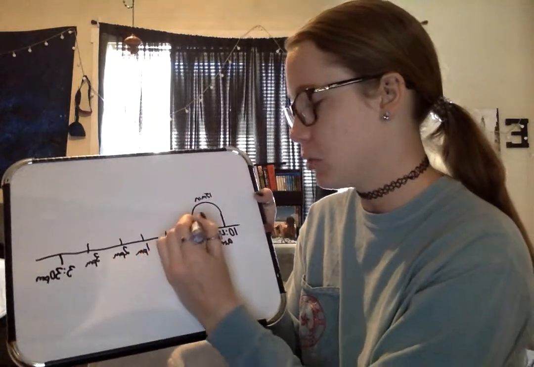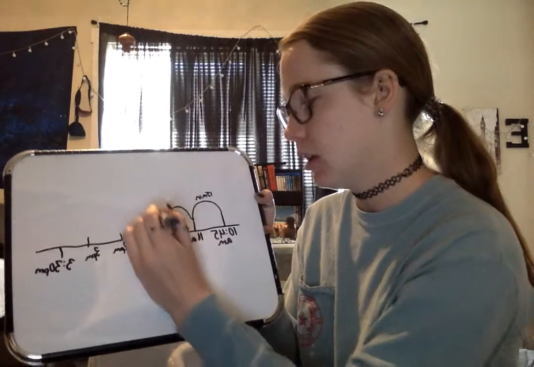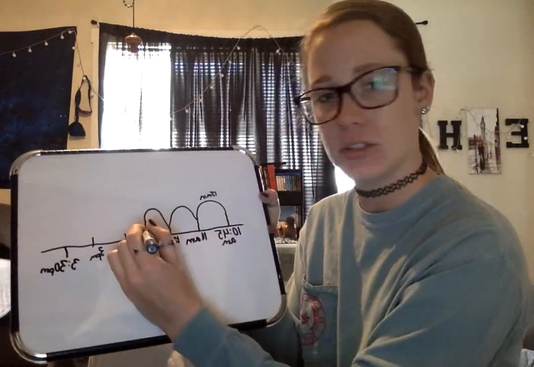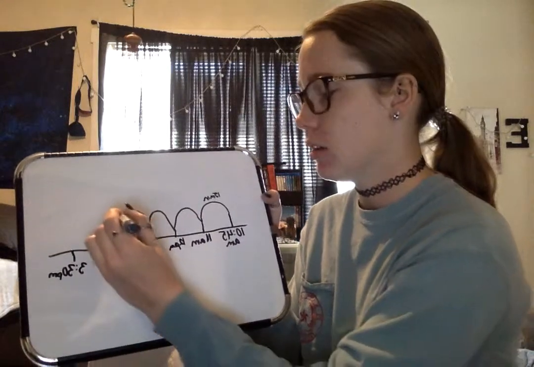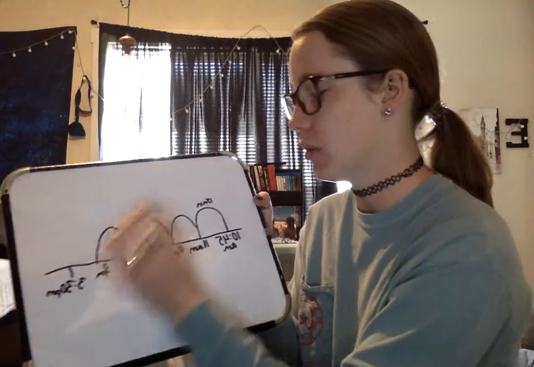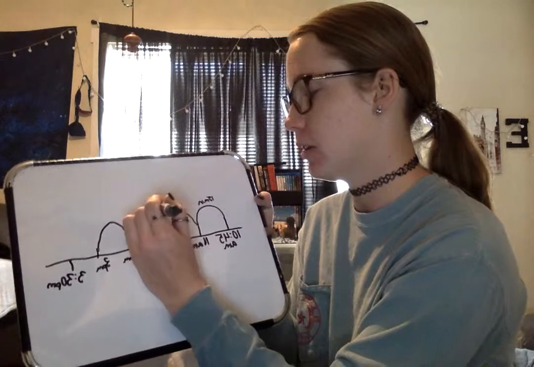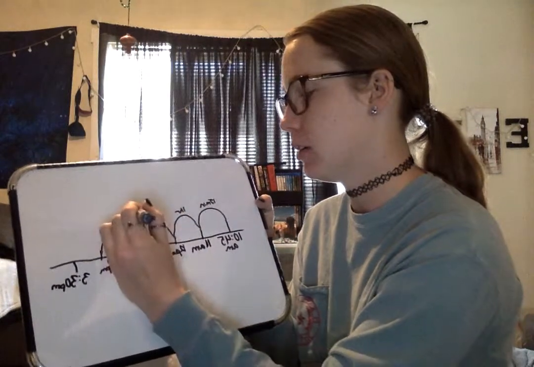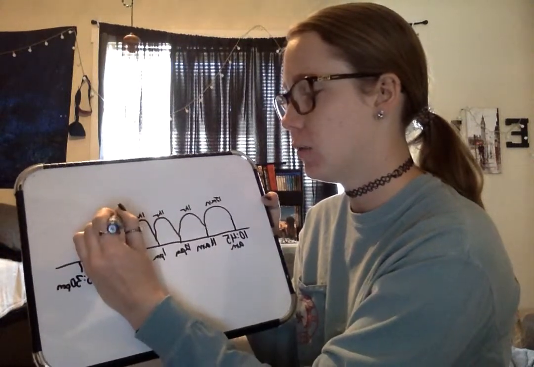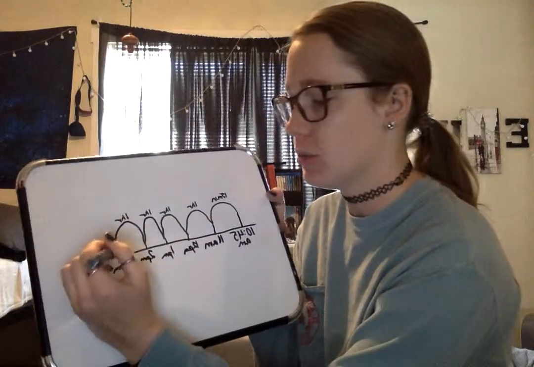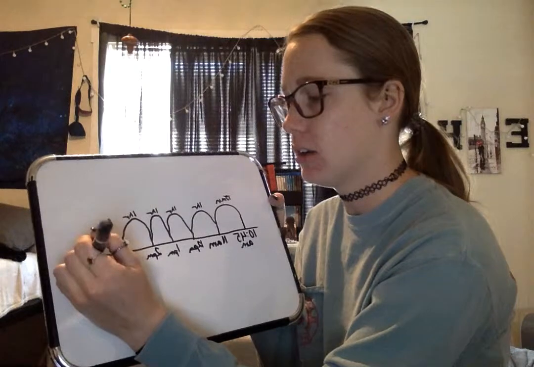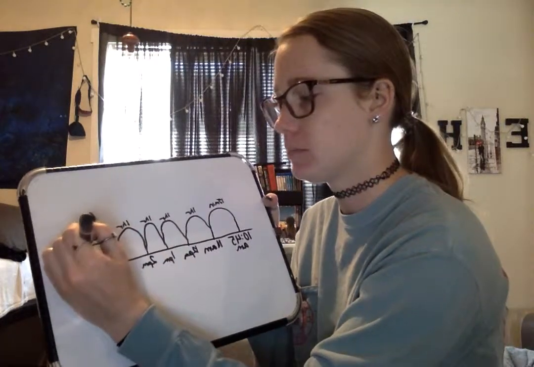From 11 a.m. to 12 is 1 hour. And then 12 to 1 is 2 hours. 1 to 2, 3 hours. 2 to 3 is 4 hours. So we have 1 hour, 1 hour, 1 hour, 1 hour, and then we have those last 30 minutes that we have to count. So we'll go from 3 to 3:30, which is 30 minutes.